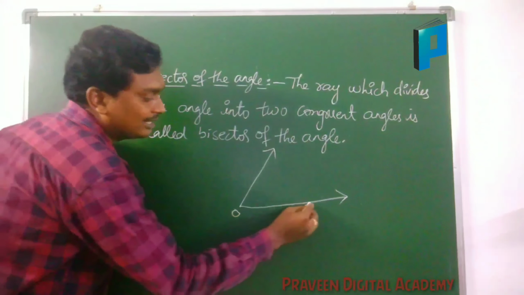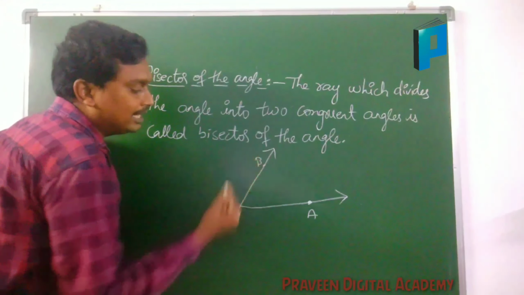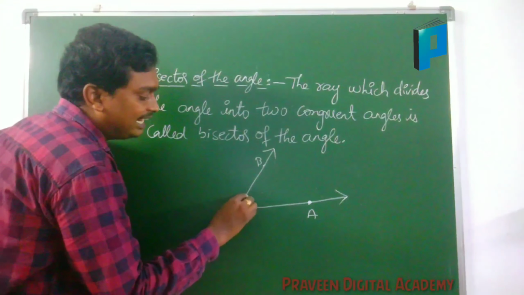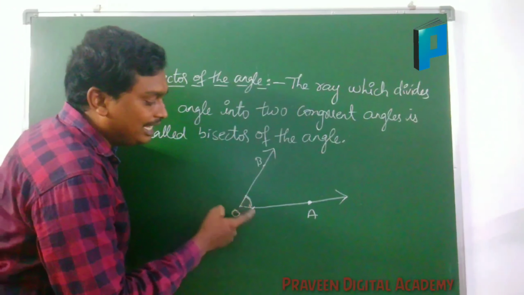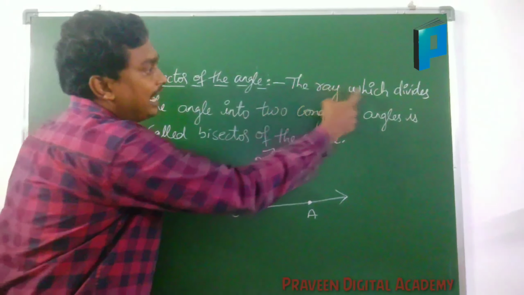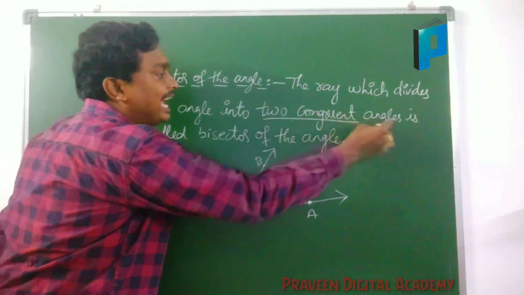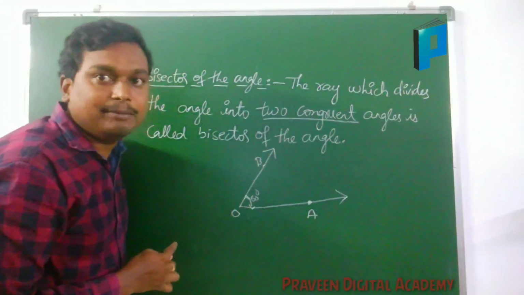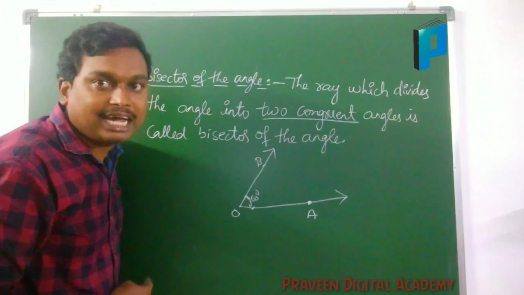O is the vertex and OA is the initial ray, OB is the terminal ray, and the inclination is called an angle. If you are having an angle of 60 degrees, and a ray which divides the angle into two congruent angles, congruent is nothing but figures having the same shape and same size.